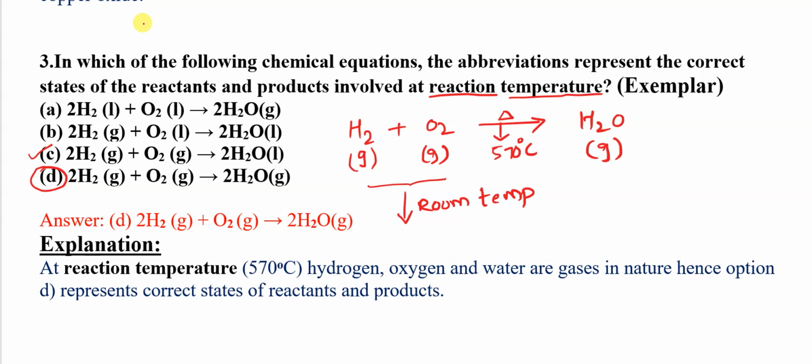They need high temperatures, above 100 degrees, and above 100 water will be in the gaseous state. It won't be in the liquid state at all, so this can't be the correct answer. If the question gives room temperature, there is no reaction in the first place. You have to understand that. Okay? Fine. I hope it's clear to you.